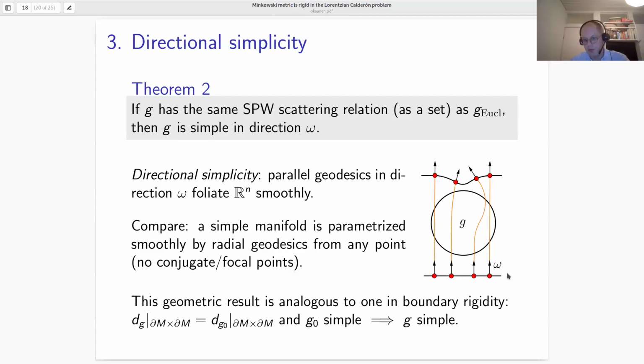Or you can also express this by saying that if you look at this initial plane and its boundary normal coordinates, they are actually global coordinates for the whole Rn.